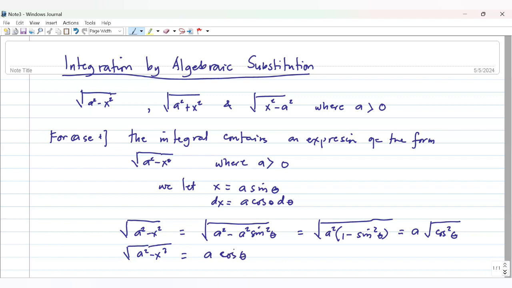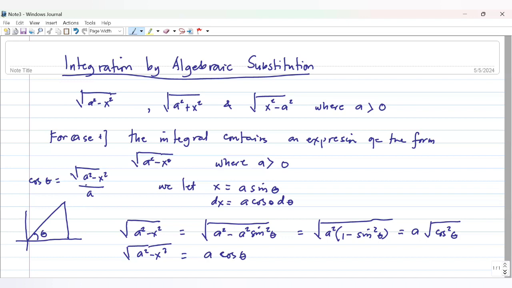a cosine of theta. So if we try to draw this one, our cosine of theta is equal to the square root of a squared minus x squared over a, right? So therefore, from the triangle, this is our theta.